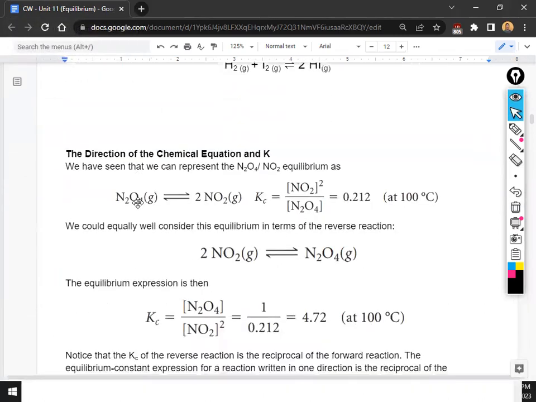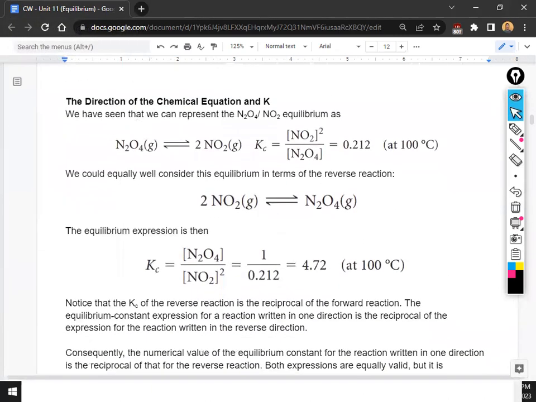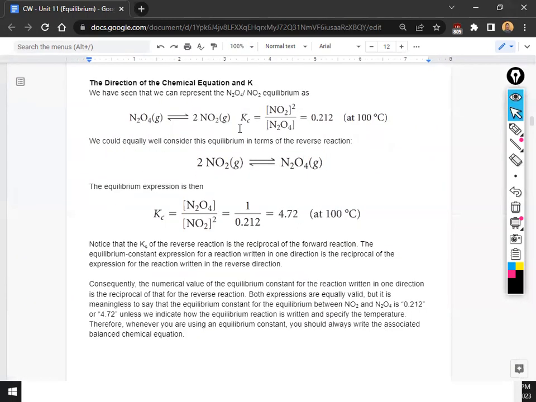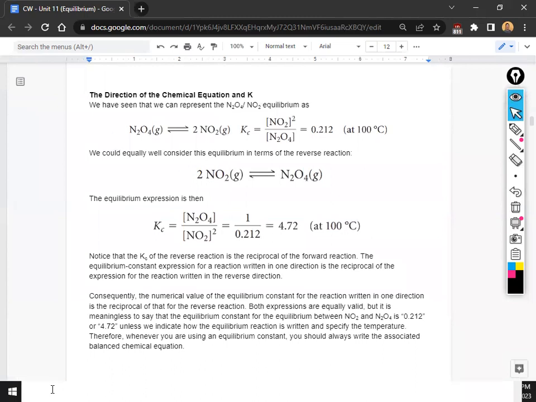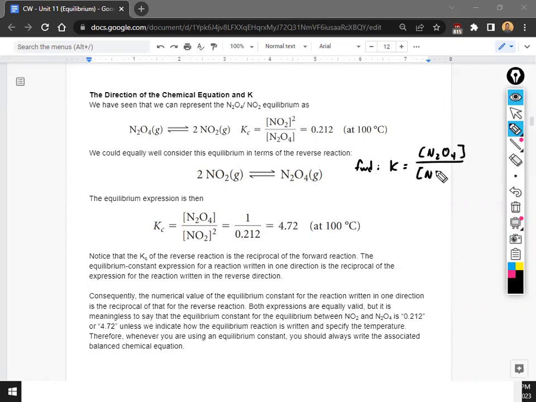Alrighty, let's move on. All right, so there's a lot of writing here. I'm not going to force you to read it. The easiest way that I can describe this part right here is that for the forward and the reverse reaction, the K value is the reciprocal of one another. So it's just the inverse. For example, if we're going in the forward reaction right here, the K value, and you don't need to write this down, is going to be products over reactants.